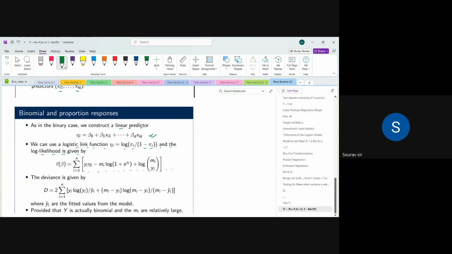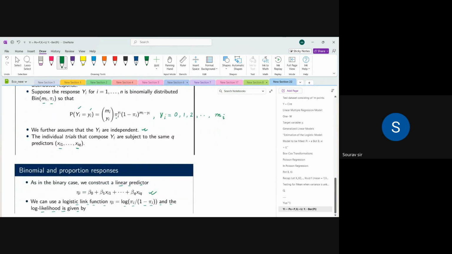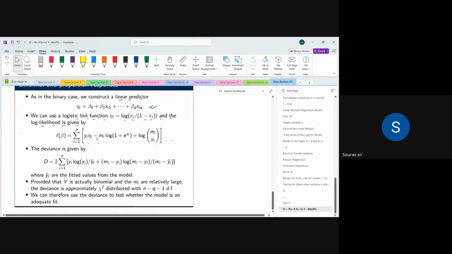So what are we doing? कि ये जो pi i है that we are modeling using logistic. Okay, so if we are doing this, then this is how your log likelihood looks like.